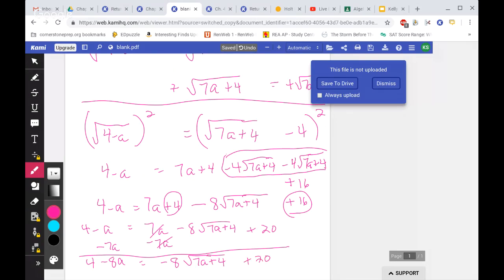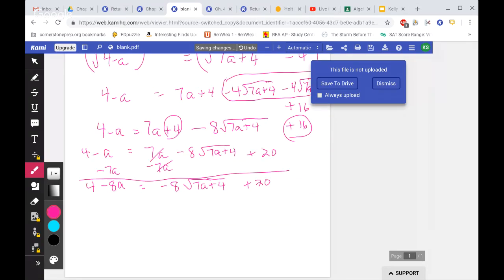And I want to combine this -20 to this side. And then I'm going to square both sides again.